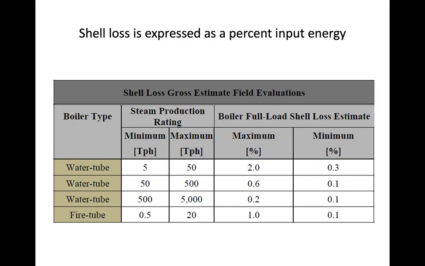For example, for a capacity of 5 up to 50 tons per hour of steam, the shell loss for a water tube boiler is between 0.3 and 2%, from maximum to minimum loading.